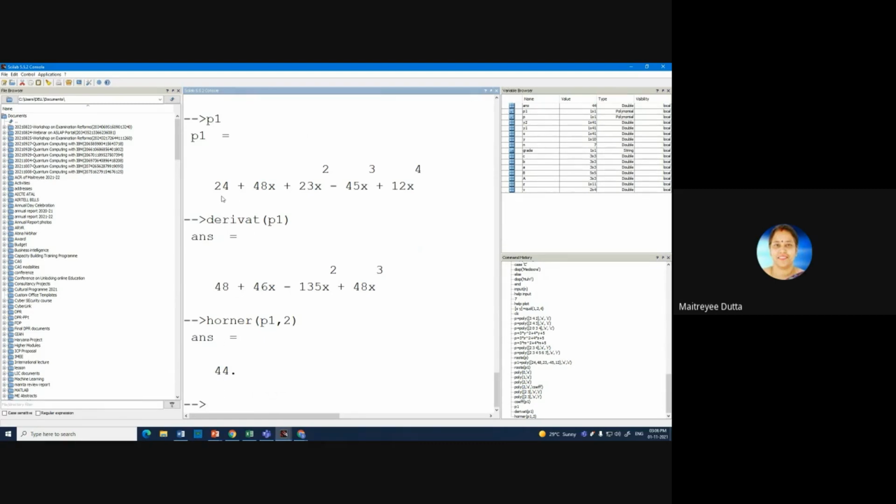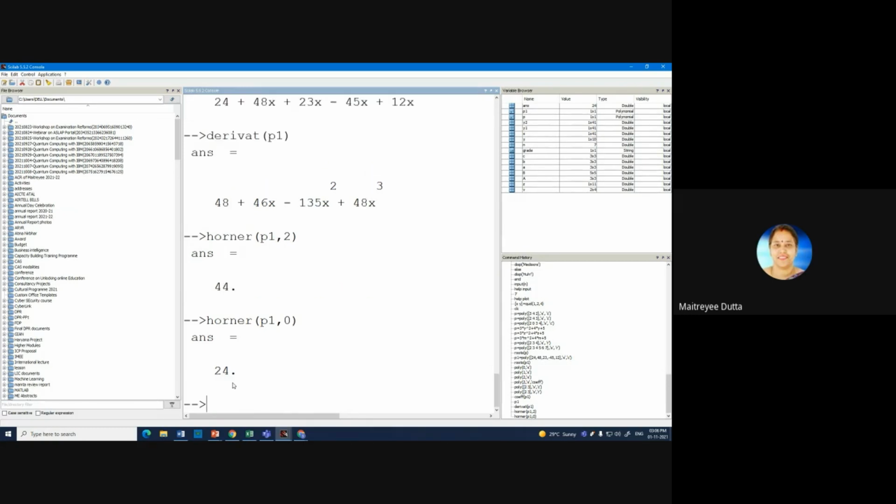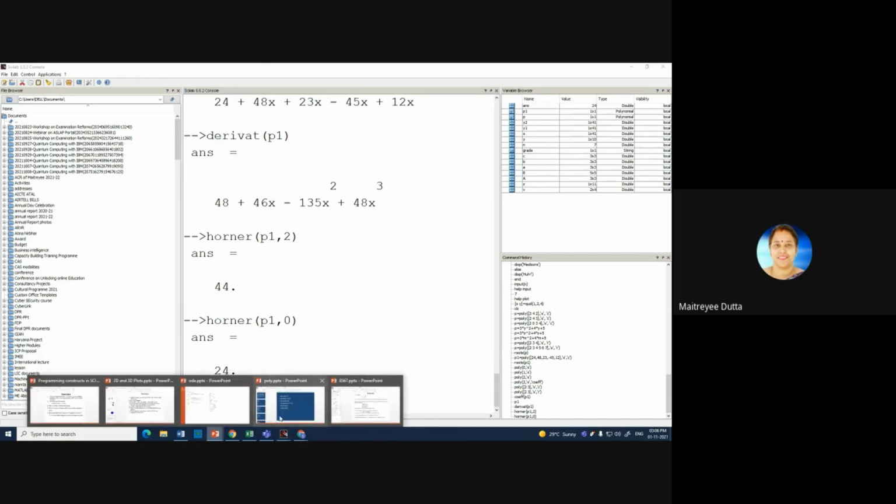That means 24 plus 48 into 2 plus 23 into 2 squared minus 45 into 2 cubed plus 12 into 2 to the power 4. Whatever value comes is 44. If I say Horner at 0, then it should give only 24, so it is giving 24. So Horner is a function used to find the value of the polynomial at that particular value.